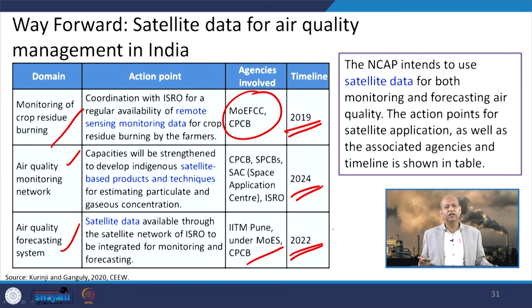So we can see that these satellite observations or remote sensing are integrating into the real air quality management efforts being made by different government agencies in India. And I look forward that because of these integrations, more efficient air quality management will be accomplished.